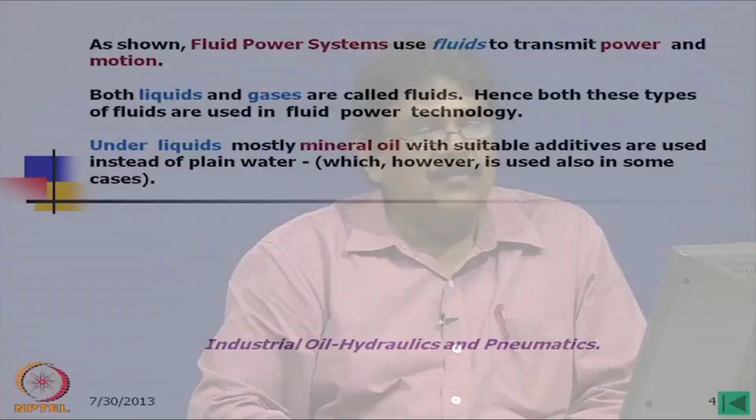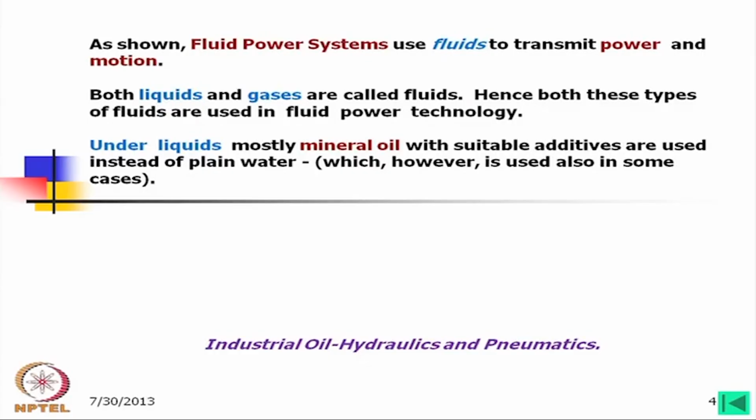The main problem with water hydraulics is that it cannot be pressurized up to the level of the mineral oil. Also, there is a problem of rusting. Most of the components are made of ferrous materials. So, for water hydraulics we should go for some other material.